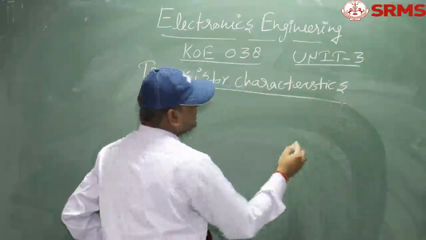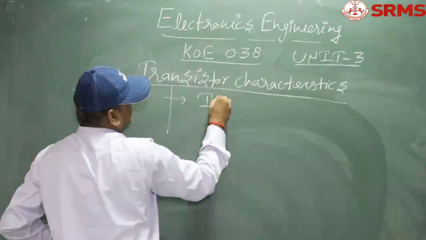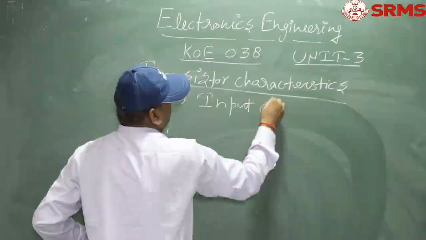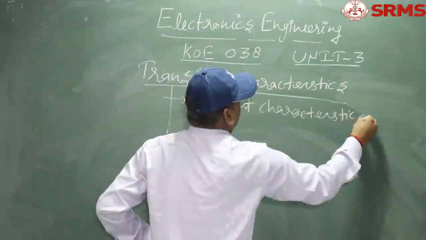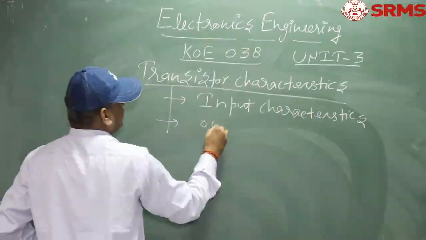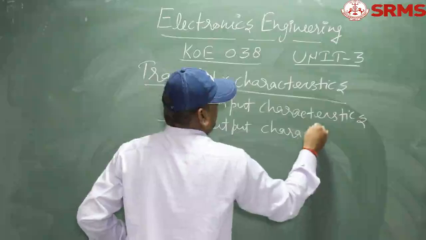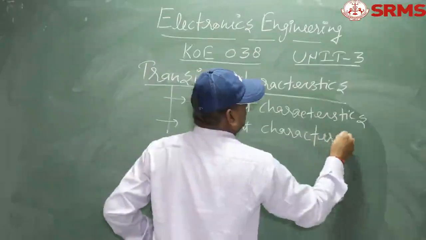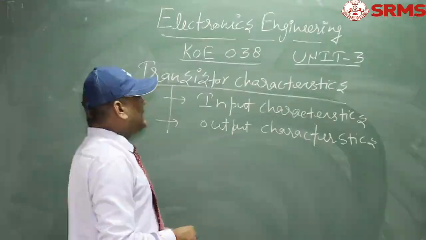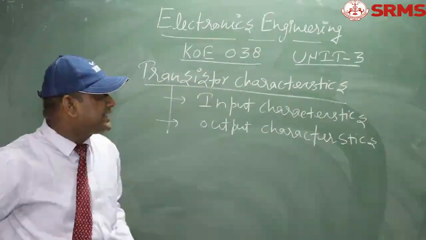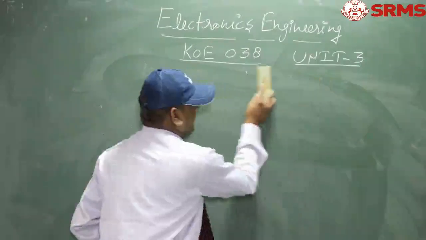As far as transistor characteristic is concerned, there are two types of characteristic: input characteristic, and second one is output characteristic. Is that clear? So firstly we will focus on the input characteristic.